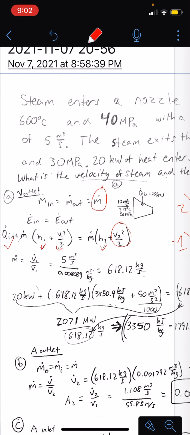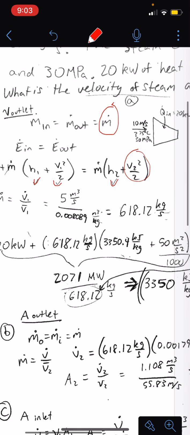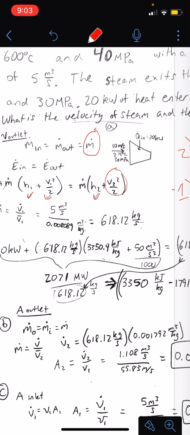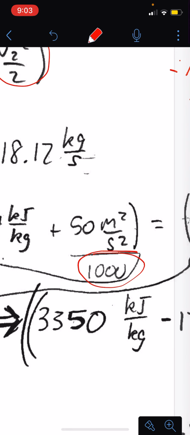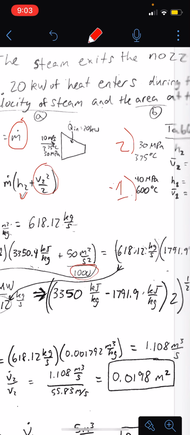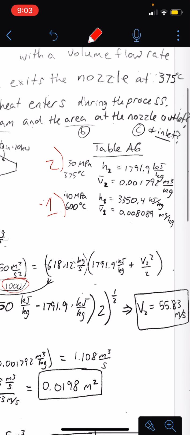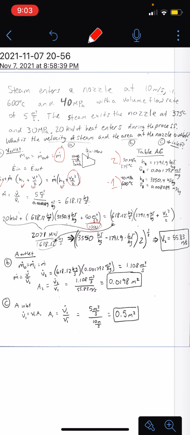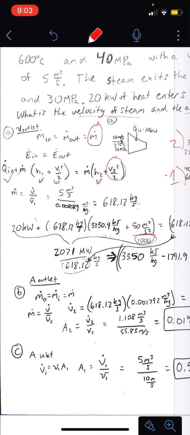So now dumping everything into our energy balance, we have 20 kilowatts plus 618.12 kilograms per second, which is our mass flow rate, times H1 plus V1 squared over 2. And keep in mind you have to divide by 1,000 to convert from meter squared per second squared into kilojoules per kilogram. And then on this side we have the same mass flow rate, H2, and then V2 squared over 2. I combined everything on the left side to be 2,071 megawatts.